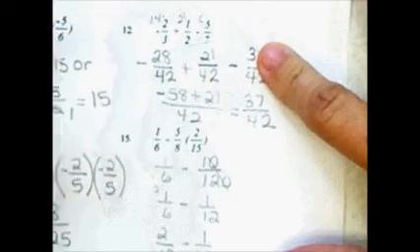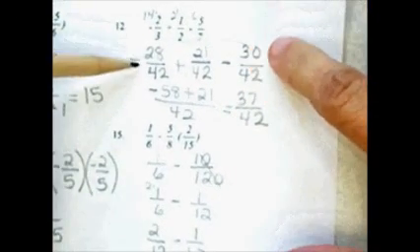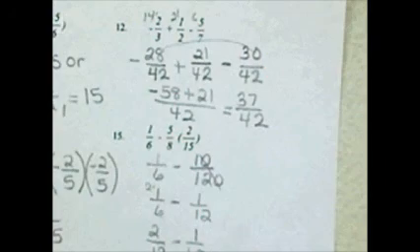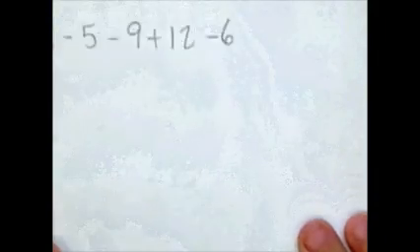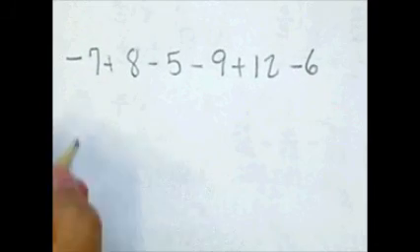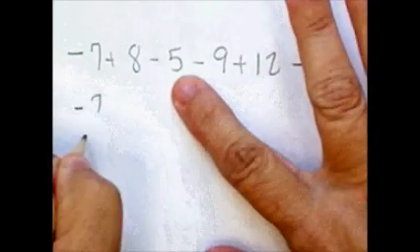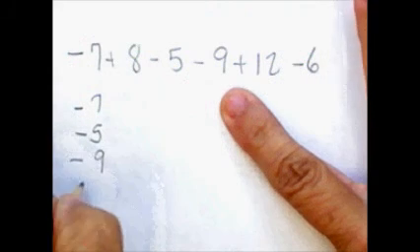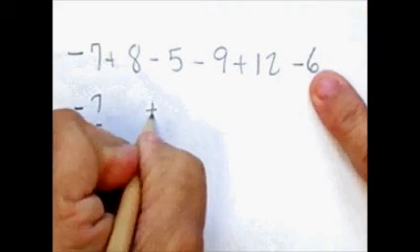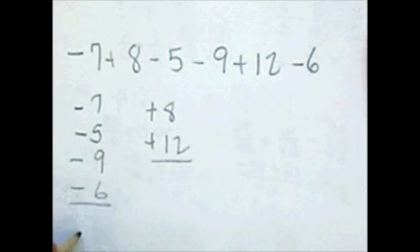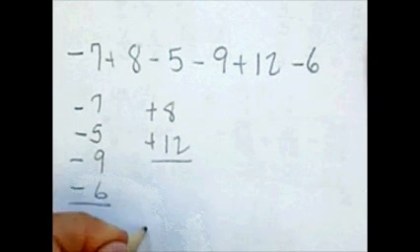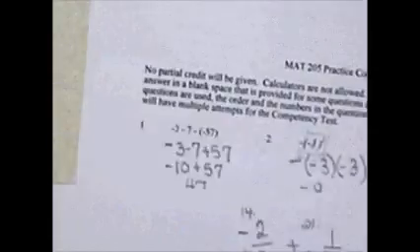But I just always put all the negatives together so that if I had a big string of numbers like this, I would make a list of my negatives, make a list of my positives, add them up, and then I'll have a negative number here and a positive number here, so then I'd subtract in the end. That makes it easier, I think.